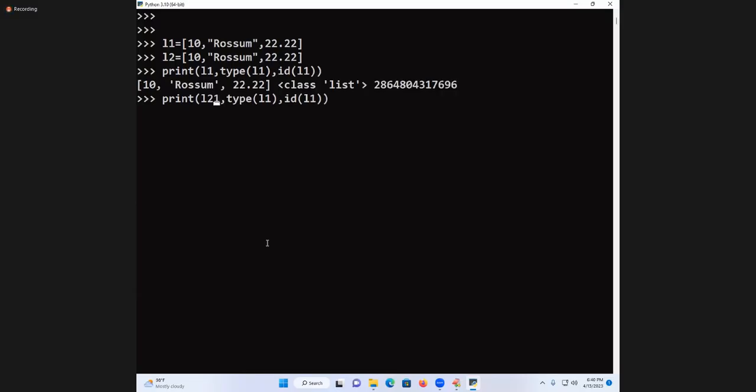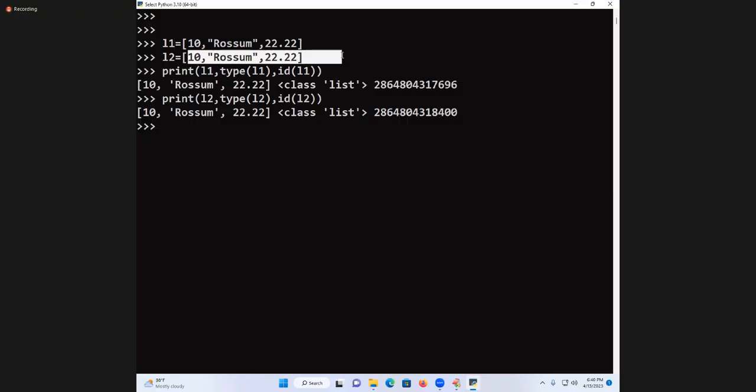Same ID or different ID? Different, good. Two people in different places can have the same name, but the ID of their college or something else is different. Different ID will be there. L1 is L2 false. L1 is not L2, true.